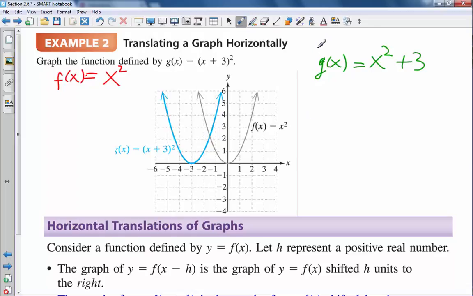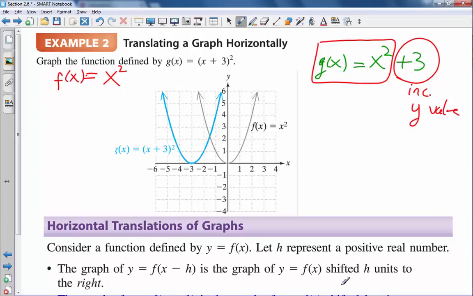Look, I still see the entire function here. They just increased y values, because when somebody gives me x, I square it, I get a y value. It looks like they just jumped y values 3 units up. They shifted y values directly 3 more.